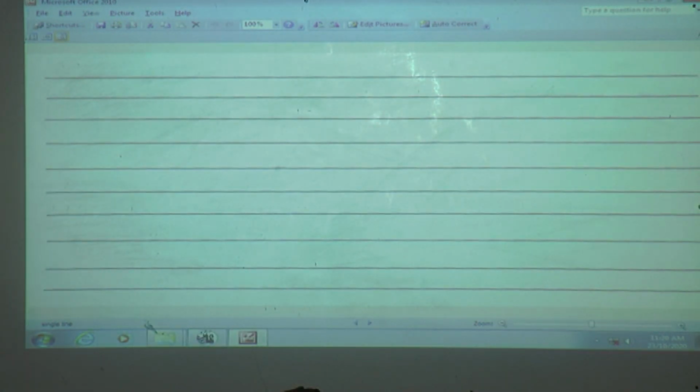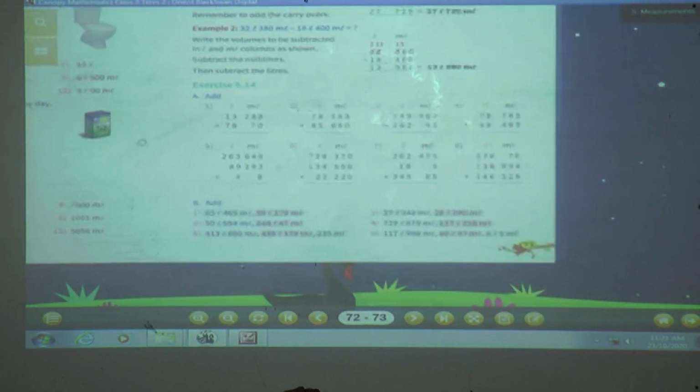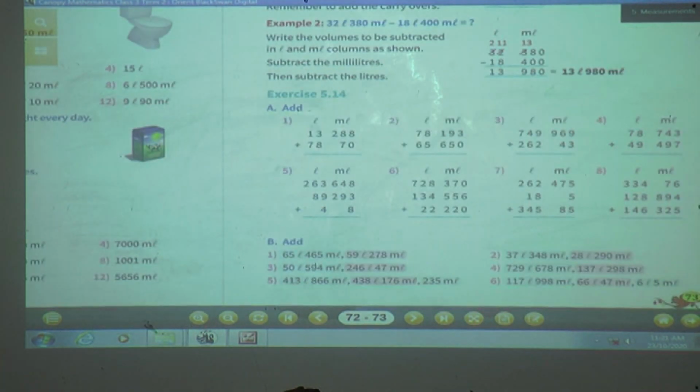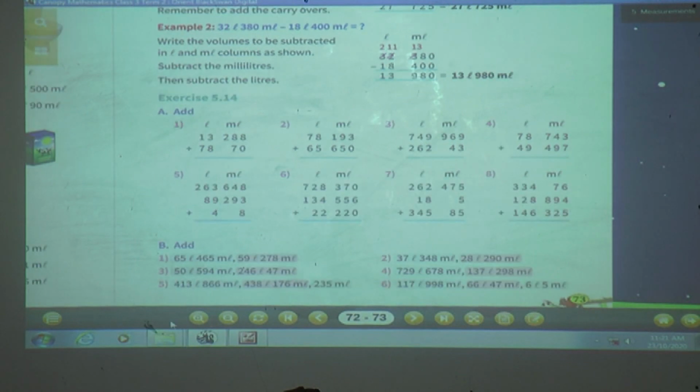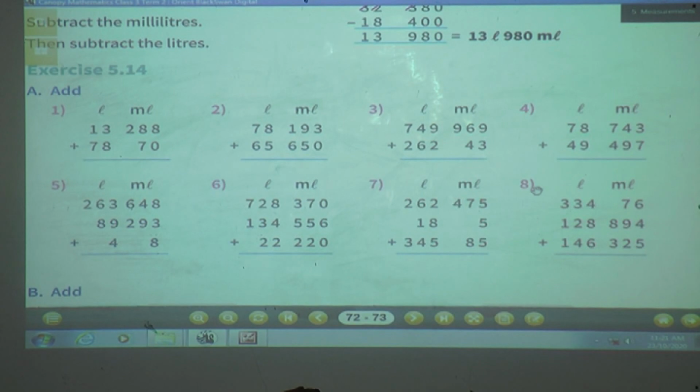Now we are going to see the next exercise, exercise 5.14. In that we are going to see how to do the addition of capacity. Look at the board here. See the first one.